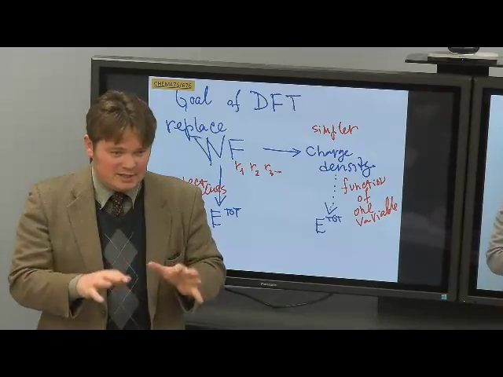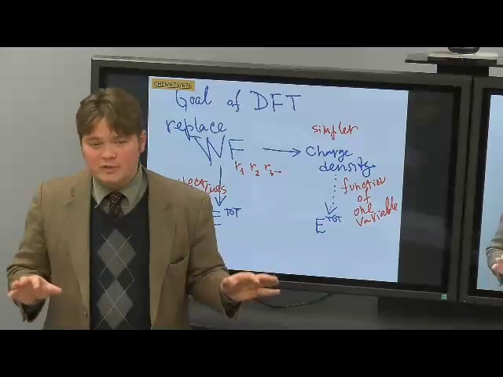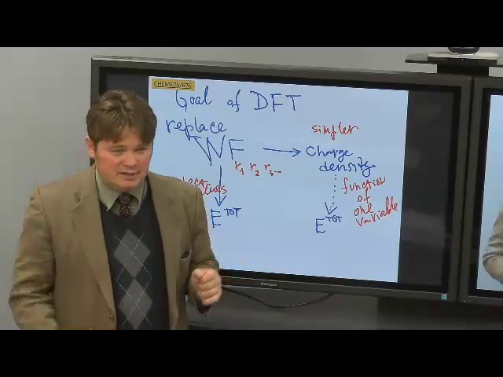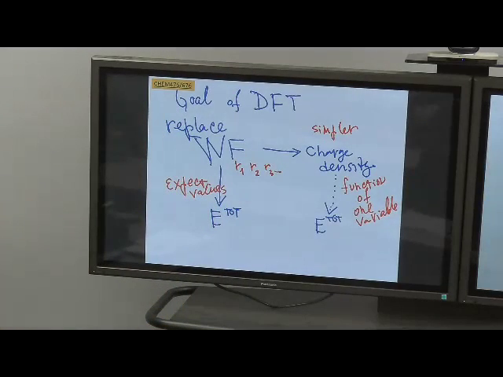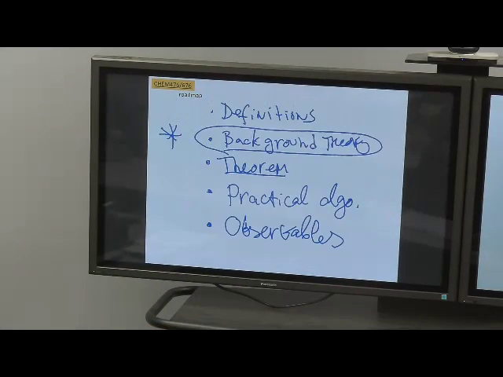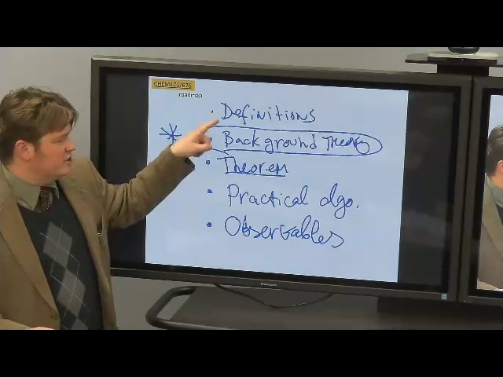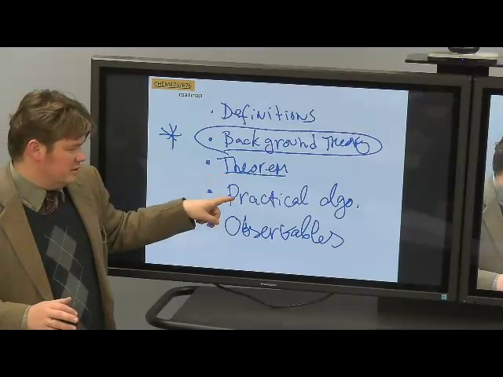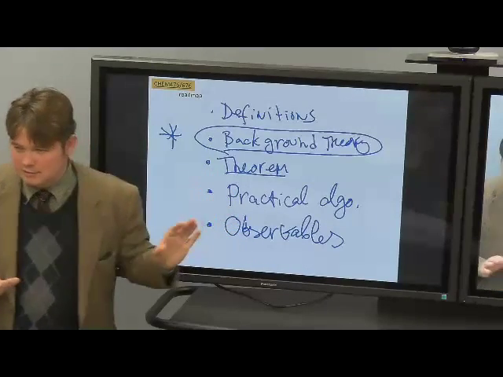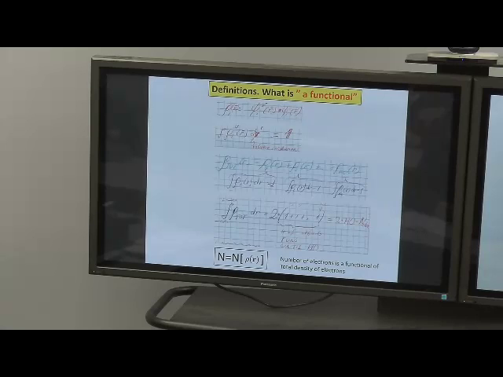As soon as we accept them and we agree that they can be connected to the total energy, we have the basic principle of density functional theory. And it is a simplified plan. We'll go through definitions and some background theory, then there will be theorems, algorithm, and observables. And then we are done with density functional theory.